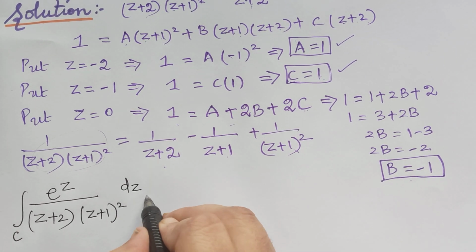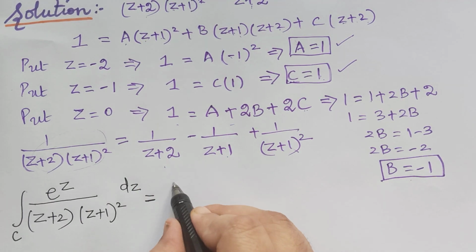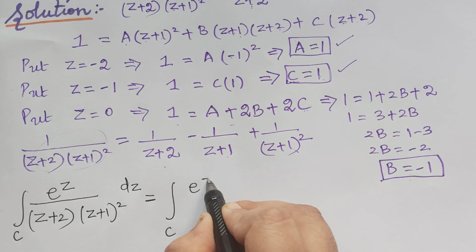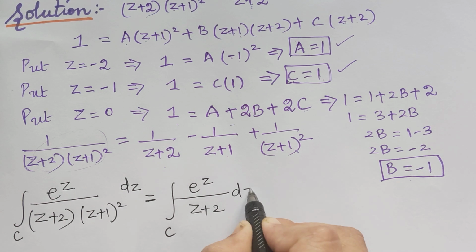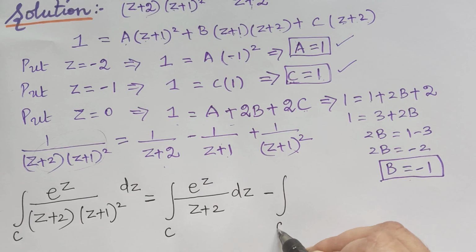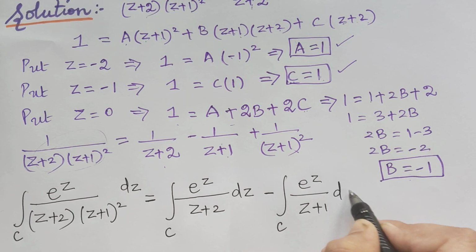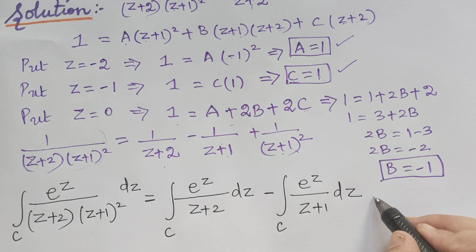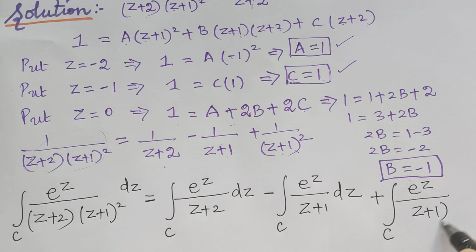Now this integral can be written as, the first integral, integral over c of e power z divided by z plus 2 dz. Then minus the integral over c of e power z by z plus 1 dz. And then the third integral, plus the integral over c of e power z by z plus 1 the whole square dz.